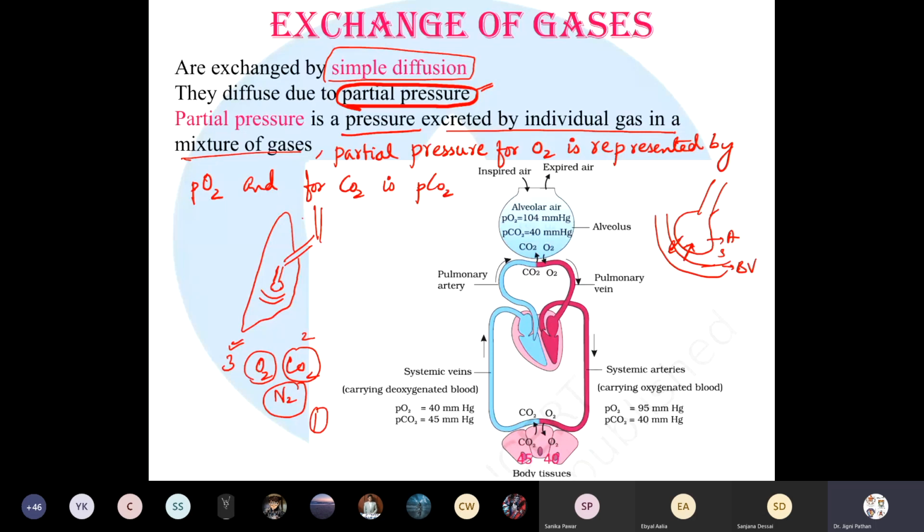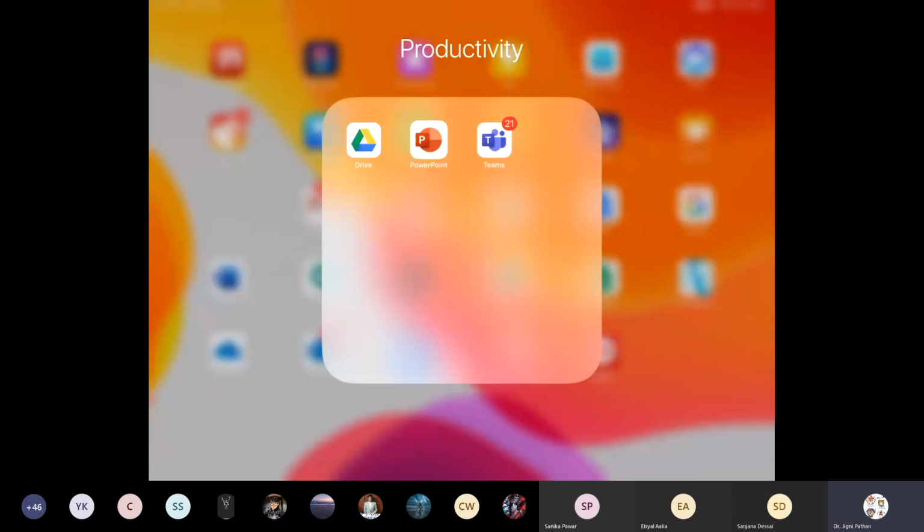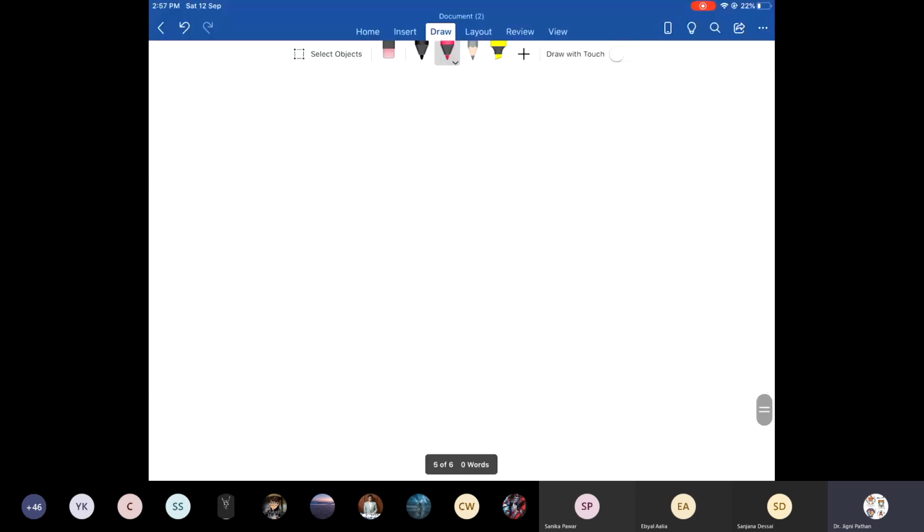Next, let us draw this diagram, and it will make it easy. This is an important diagram. Everybody will draw along with me.